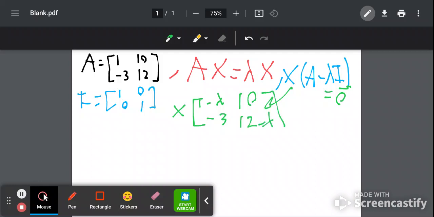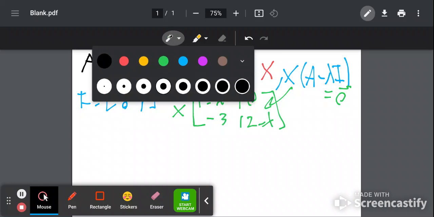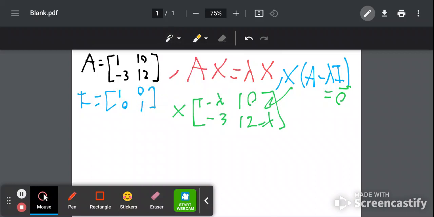Then we have this, and now this has to equal the 0 vector. However, since we want our vector to be non-zero, we only want to work with this matrix. And for this matrix to satisfy this equation, its determinant has to equal 0.